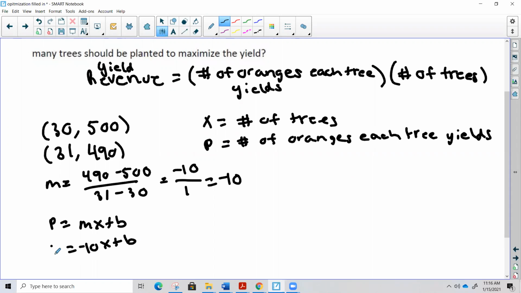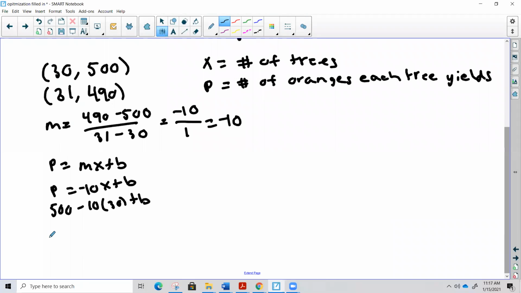We have to find b by plugging in a point. I usually just do the initial one, but it really doesn't matter which one you plug in. So we get 500 equals negative 300 plus b. I would add 300 to both sides, and I get b to be 800.